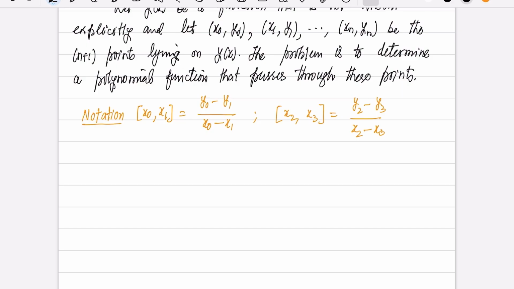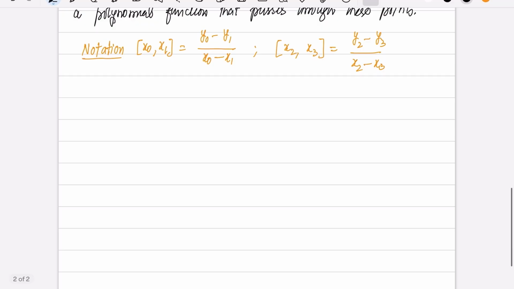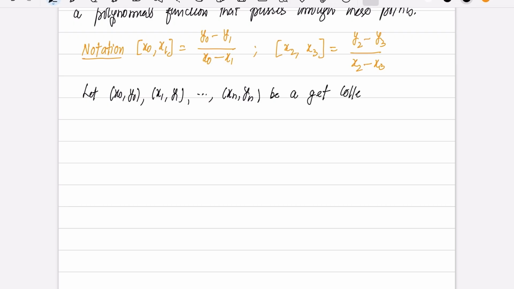Now let us define them explicitly and properly. Let x0, y0, x1, y1, and so on up to xn, yn be a given collection of points.